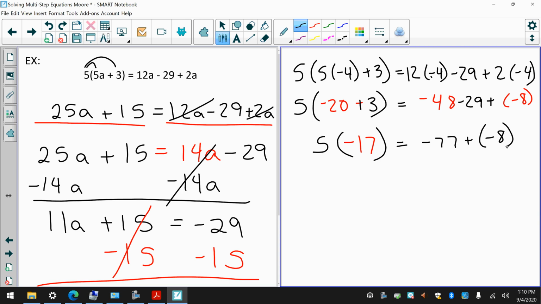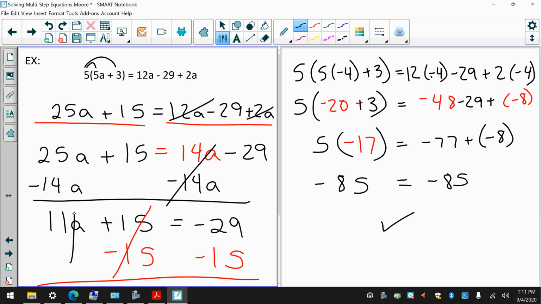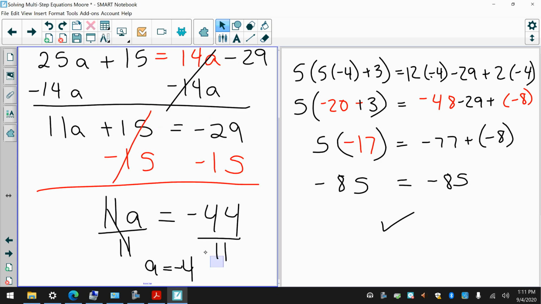And now negative 17 times 5, or 5 times negative 17, is negative 85. And then on this side, negative 77 plus negative 8 is negative 85. So they check out. Negative 4 is the correct answer. That is correct.